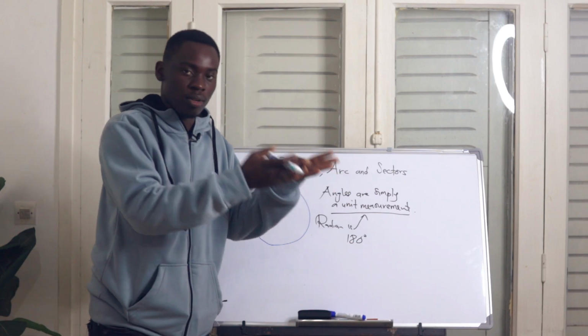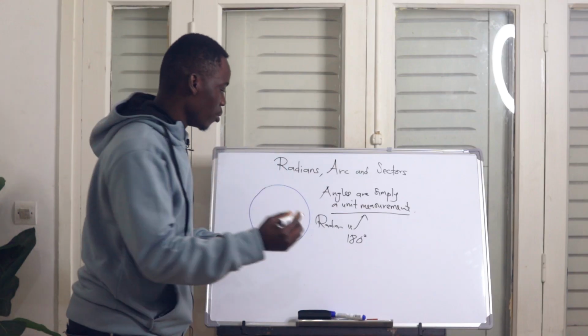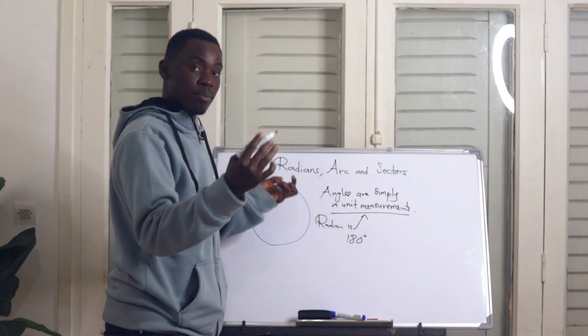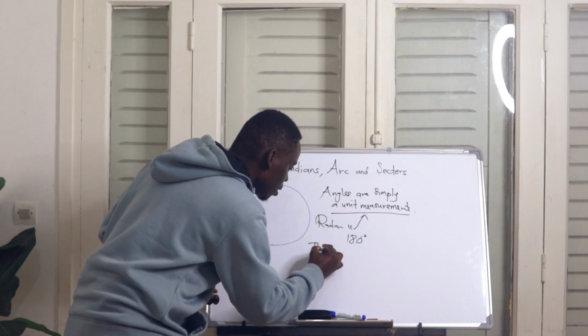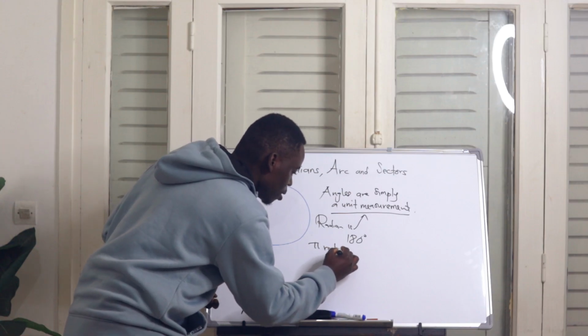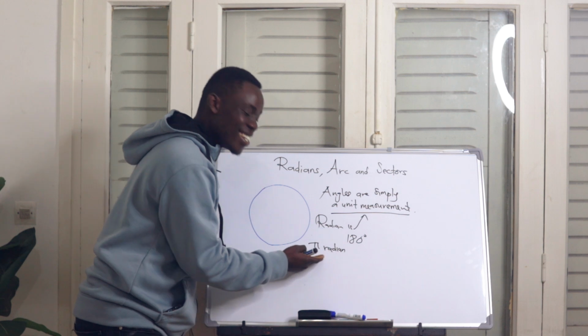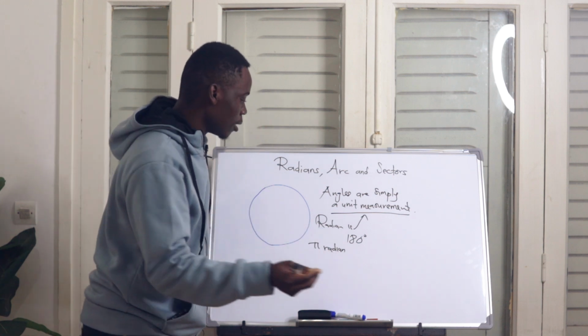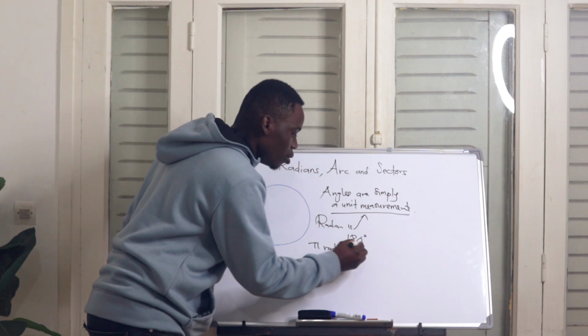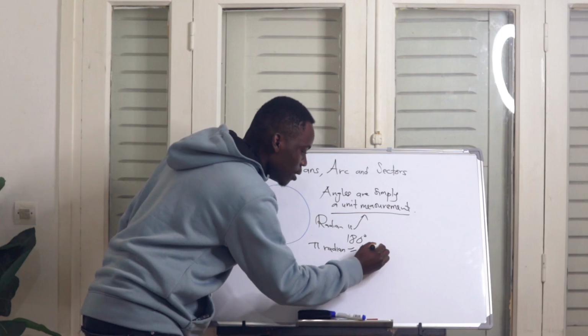So a radian is equivalent to an angle in a certain way. For example, we've got pi radians. Remember, radian is the unit of measurement. This is equal to 180 degrees.